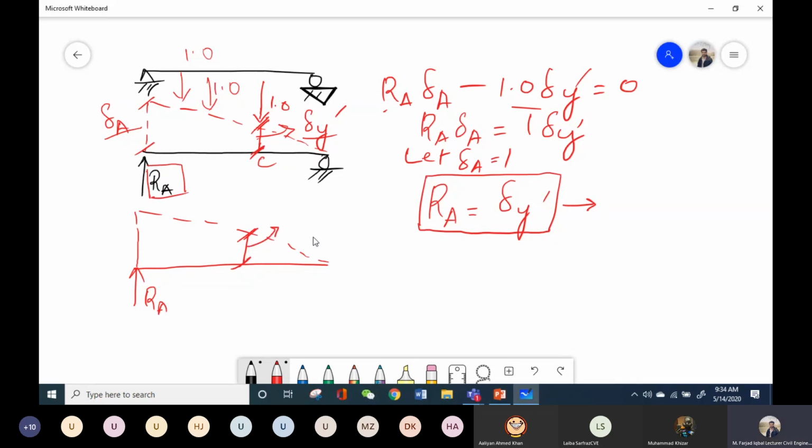This is RA, right? So this component is basically RA, and this is what the Muller concept says, that RA is equal to delta Y. So basically Muller came to this point through the path of deflection, and previously we were simply doing it by the method of tabulation, right? So everyone got this concept.